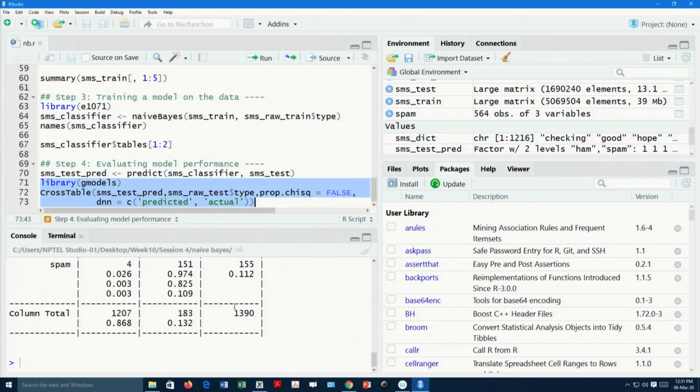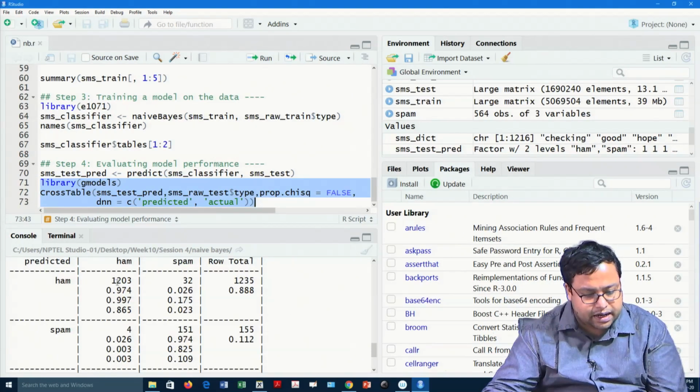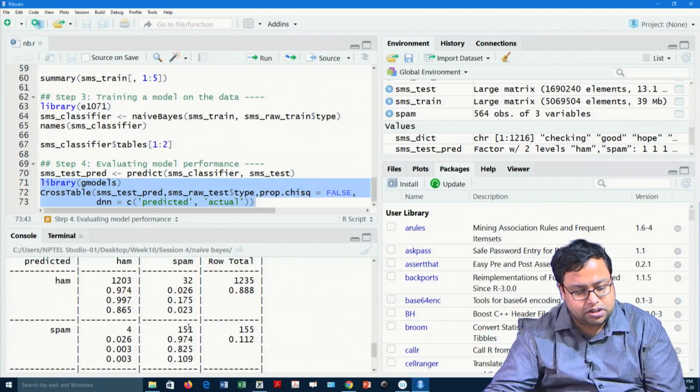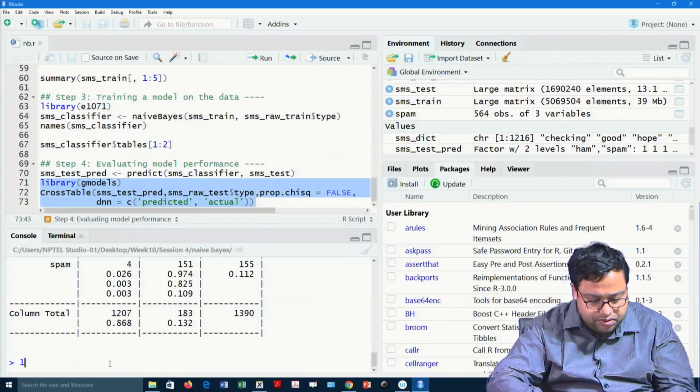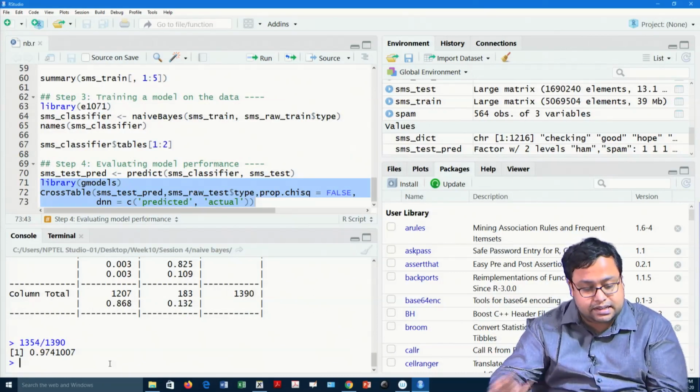Now, if I run this, you see out of 1390 observations, I am correct 1203 times and 151 times. So, 1203 plus 151 comes to 1354. So, 1354 divided by 1390, I am correct almost 97% of the time on this data set.